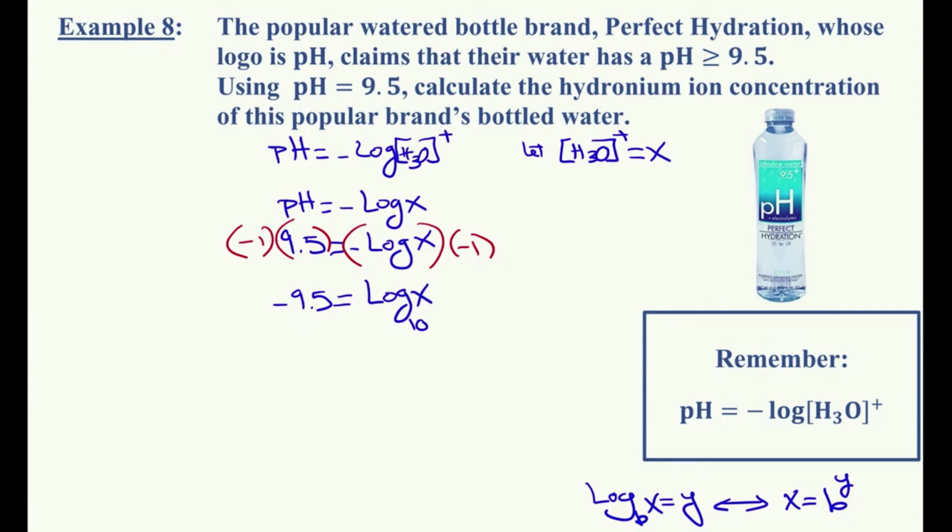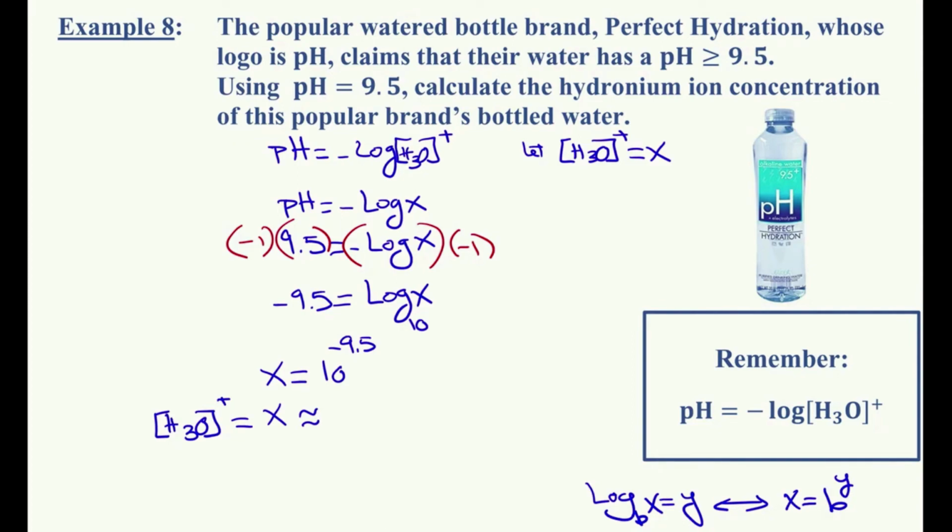So when we translate that into exponential form, we get x equals 10 to the power of -9.5. So now we're going to get an answer for our hydronium ion concentration, which, as you recall, is exactly what we called the x.